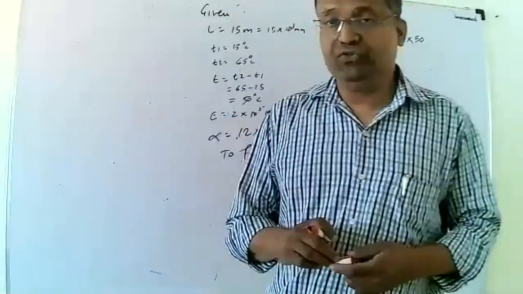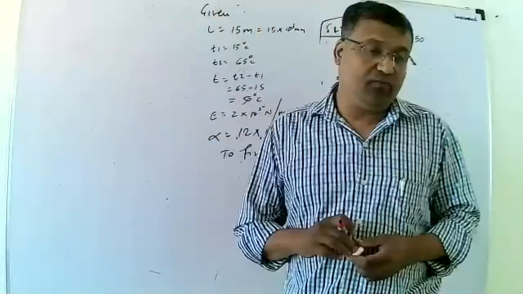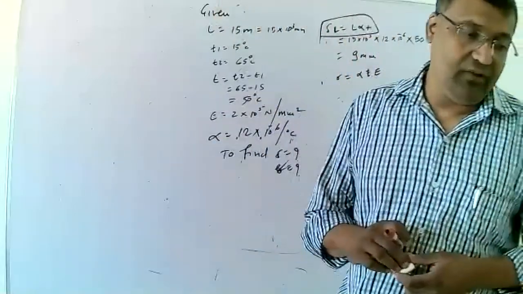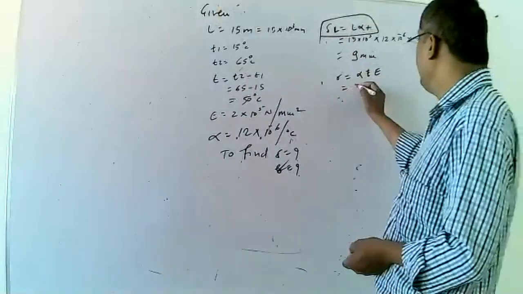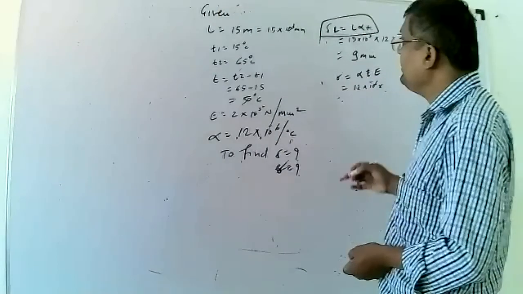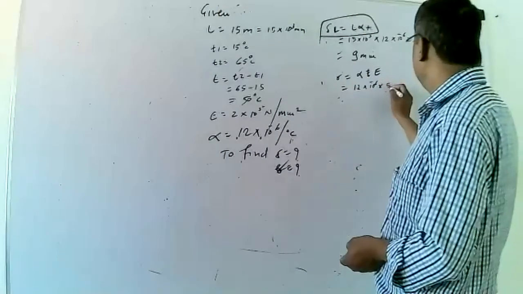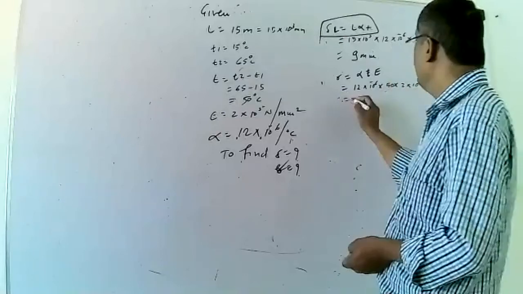Then how much stress is induced in the material of the specimen? It is represented by a particular formula, sigma equals alpha t E. We put all these values: alpha is 12 into 10 raised to minus 6, t is 50, E is 2 into 10 raised to 5.